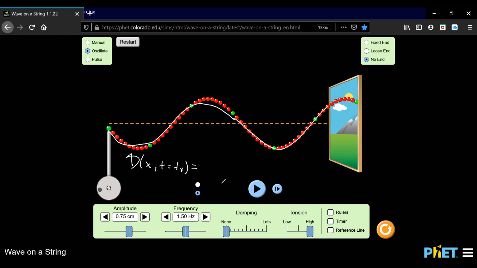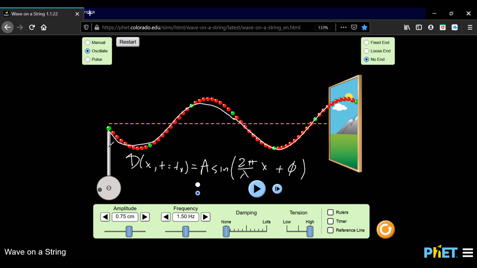It's a sine wave, and so it's going to be the amplitude times either the sine or the cosine of 2 pi over lambda times x plus a phase factor.